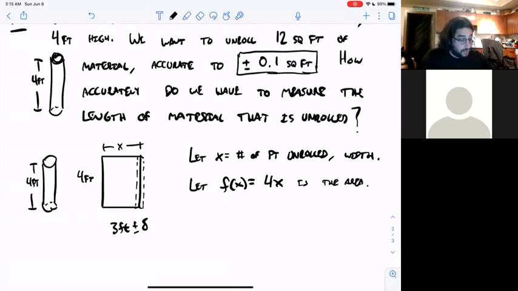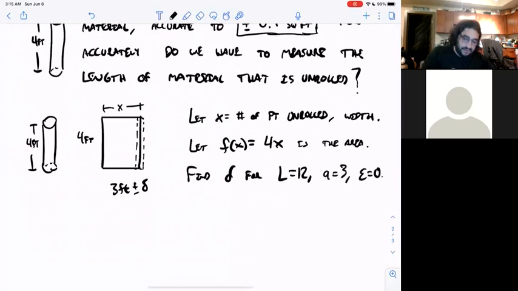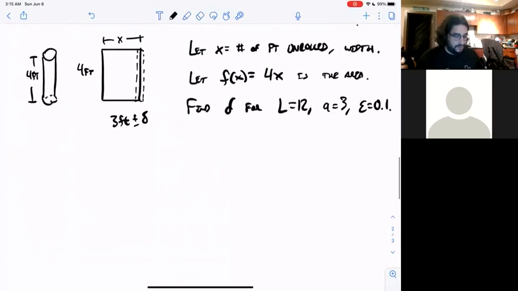Right? So really what we're being asked to do here is find delta for L equals 12, A equals 3, and epsilon equals 0.1 in this definition, right?